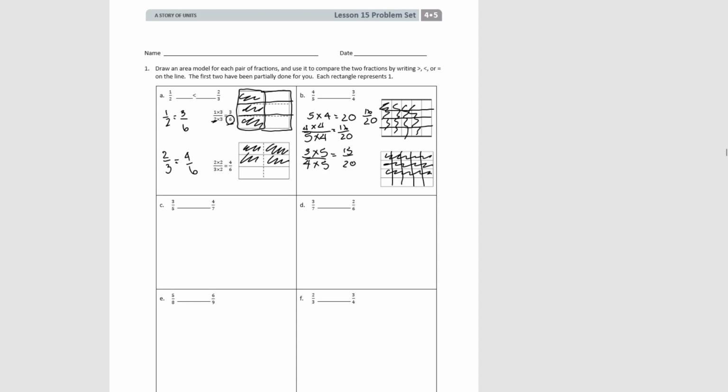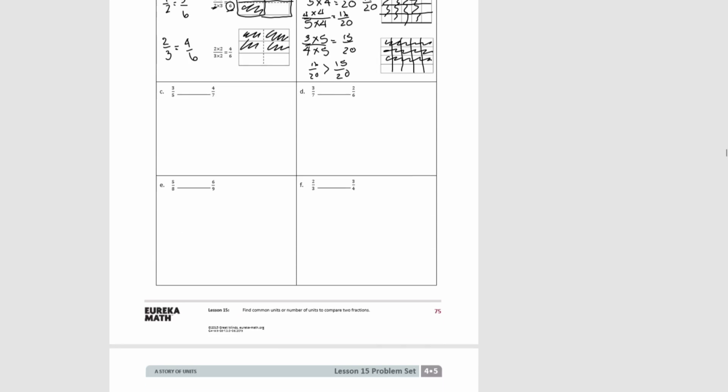And if I count, I see I have 15 shaded. So the area models show what I've done. So 16 20ths is greater than 15 20ths. Therefore, 4/5 is greater than 3/4. Okay, pause the video and try C.